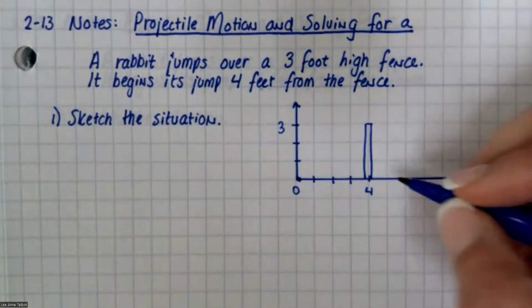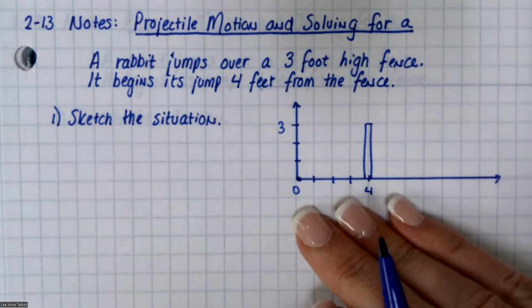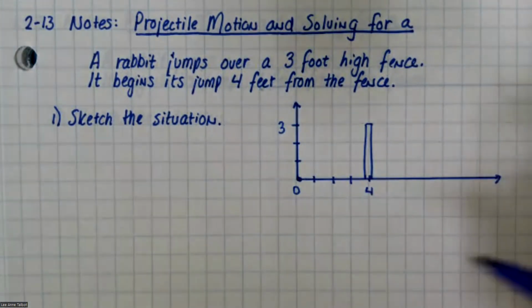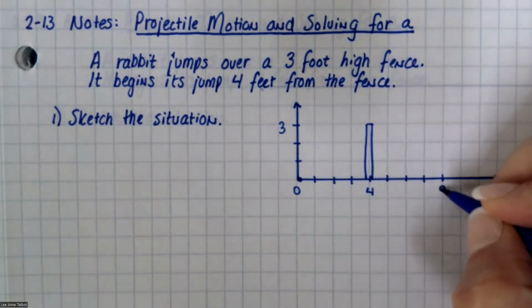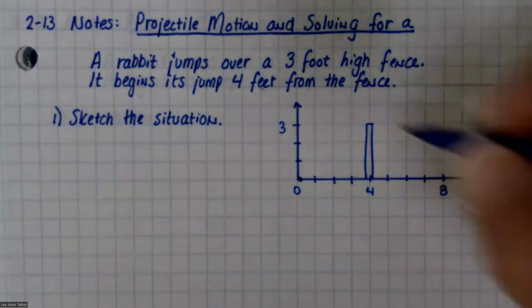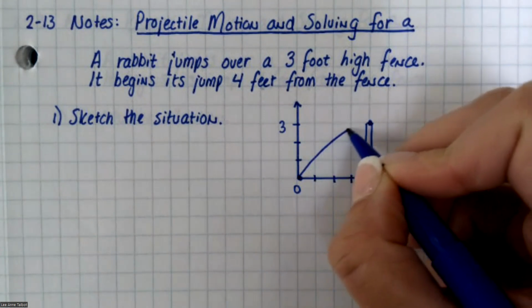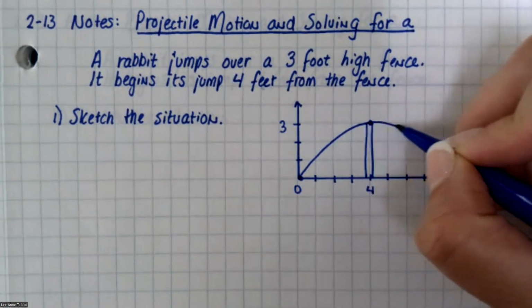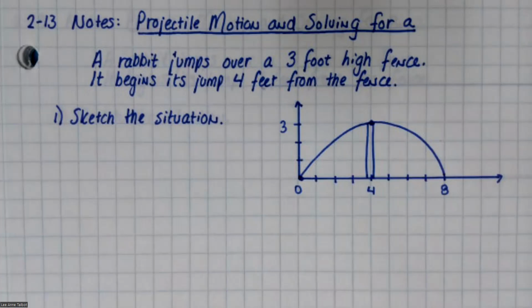Okay, then I'm going to say, okay, we studied parabolas the last 2 days. One of the things we said repeatedly was that they're symmetric. So the rabbit should come down the same distance away. And then the hard part about this is sketching it nicely. And you're like, Mrs. Talbot, isn't the rabbit going to hit the fence right there? Just, you got to let that go.